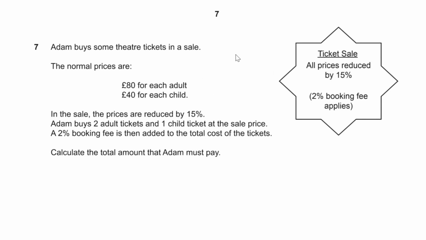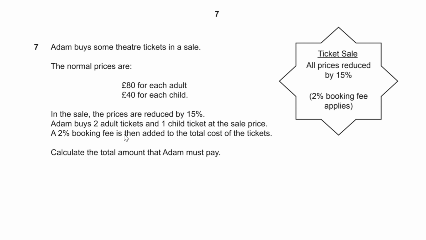Question number 7. Adam buys some theatre tickets in a sale. The normal prices are £80 for each adult, £40 for each child. In the sale, the prices are reduced by 15%. Adam buys 2 adult tickets and 1 child ticket at the sale price.